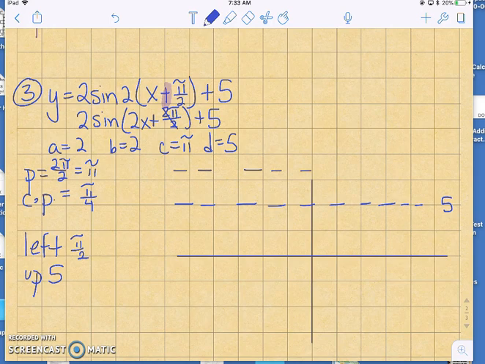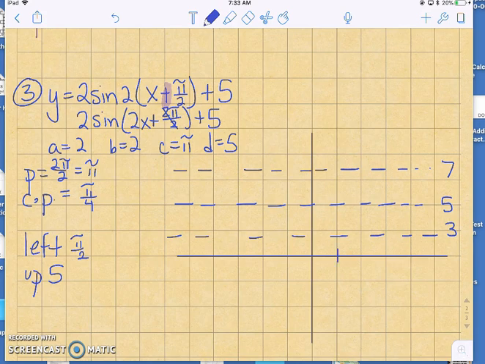Again, it's all about the labeling here, so it might not quite be to scale. Nope, sorry, up 2, so that's going to be at 7. Then we're going to go down, so down 2. So that's going to be at 3.